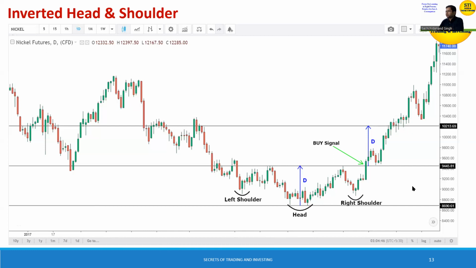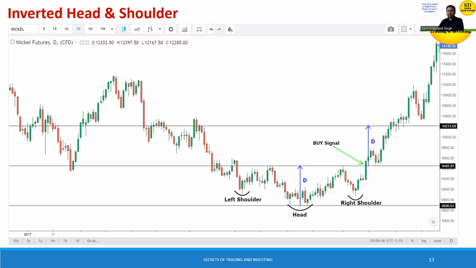So the left shoulder will form first, and then the head and the right shoulder. Till the right shoulder is complete, we will not be able to know that this is the head and shoulder pattern. Once the right shoulder formation is complete, we know that this is a complete head and shoulder formation.